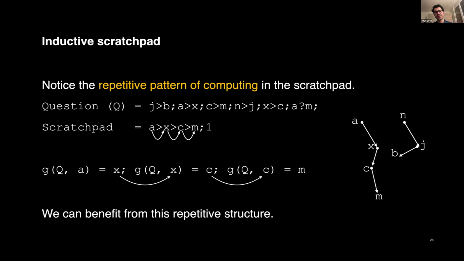But you can see that the way that we compute X from A, which is just looking up the neighbor of A in the graph, is basically the same way that we compute C from X, which is again looking up the neighbor of X in the graph, and so on to get M from C. So basically, we have some function which is just giving the next neighbor, which we apply to the question and A to get X, and we apply to the question and X to get C, and so on. And this repetitive structure is something that we can benefit from.